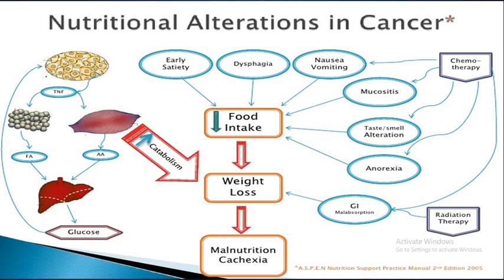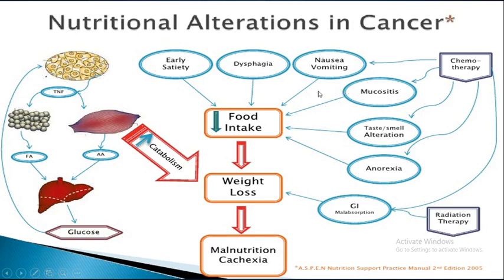Nutritional alterations in cancer. Here, pay attention to this picture. Chemotherapy, in many cases, leads to side effects: nausea, vomiting, mucositis, taste and smell alteration, anorexia. Also GI malabsorption, and radiation therapy also causes GI malabsorption.